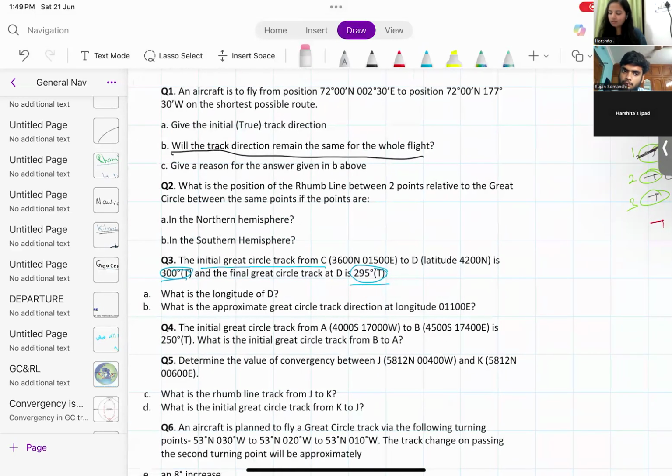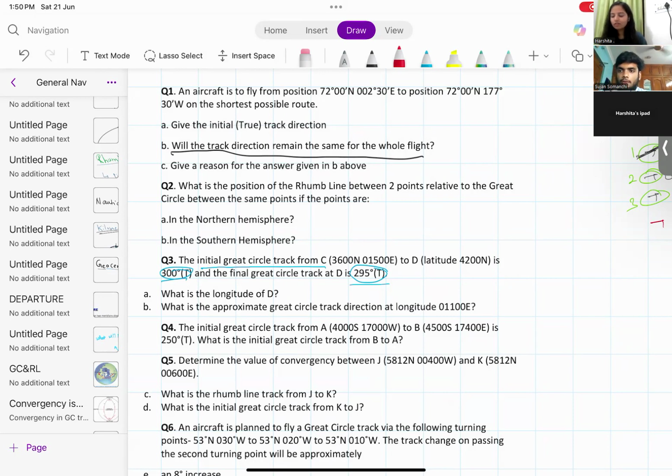All right. Now can you make a diagram? Convergence angle is 2.5.